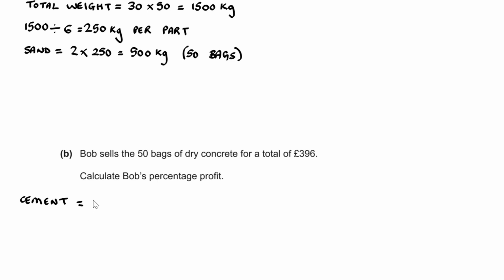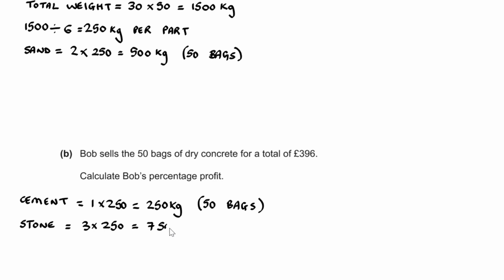So therefore we've got 1 times by 250, which is 250 kilograms. Again, this is for 50 bags. And for stone, we would have 3 times by 250, which is 750 kilograms. So this again is for 50 bags.